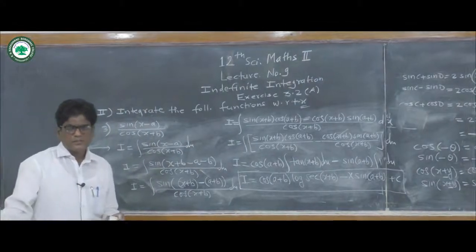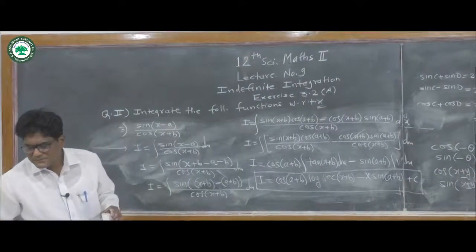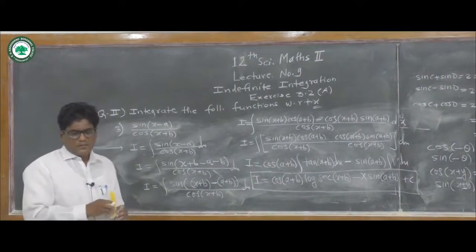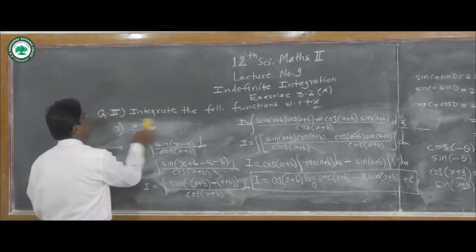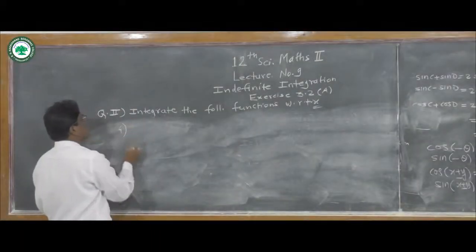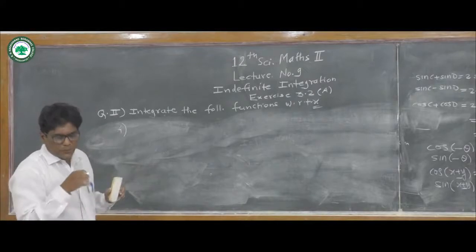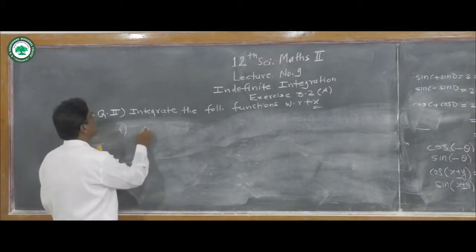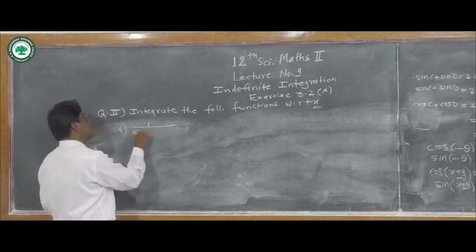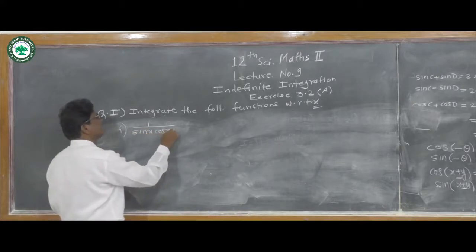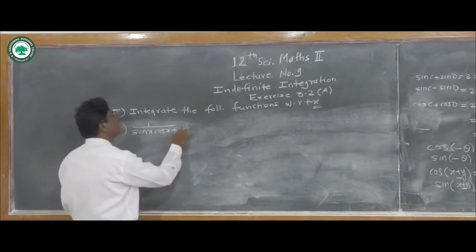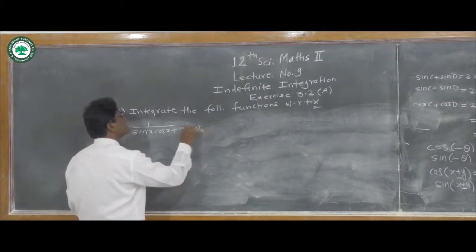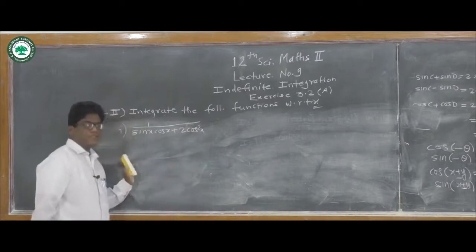Now here we see the fourth problem. What is the fourth problem here? The fourth problem is integration of 1 upon sin x cos x plus 2 times cos square x.